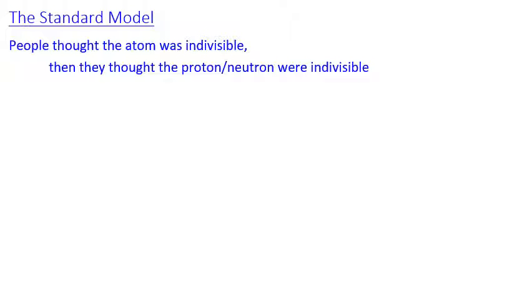So people decided they were indivisible. And through some work in the mid-20th century, we decided that actually the nucleons, the protons and neutrons, appeared to have 3 mass centers inside them. It looked like they were not indivisible, but actually had 3 things making them up.